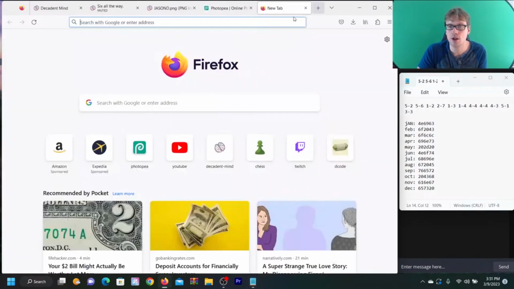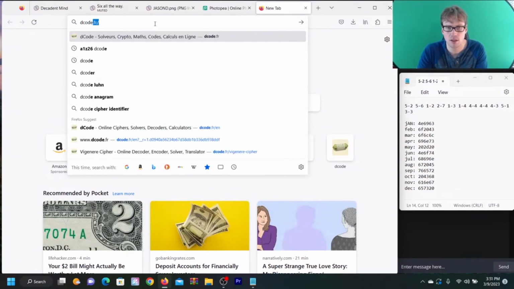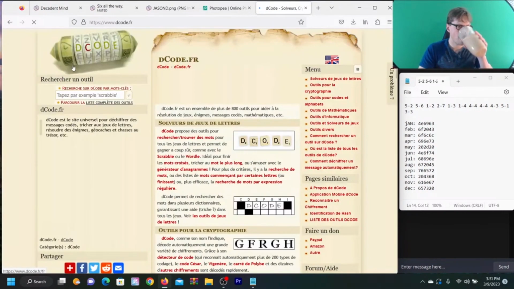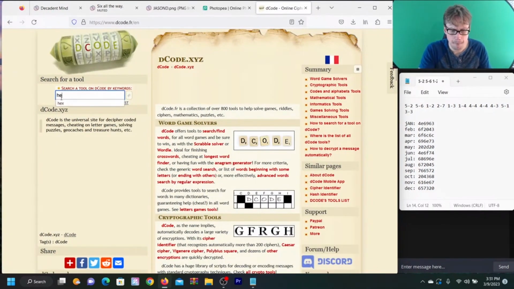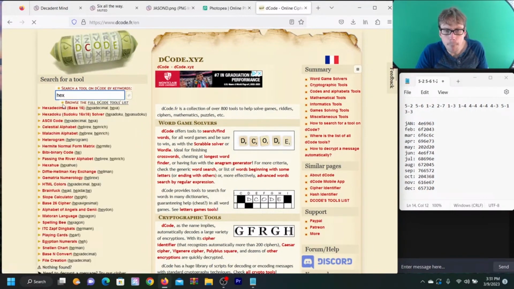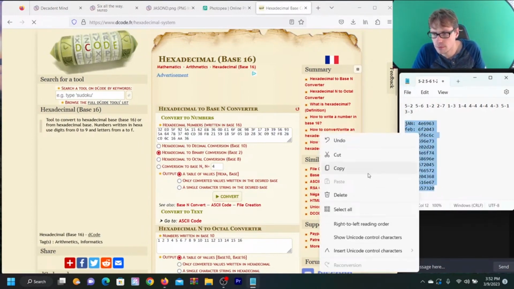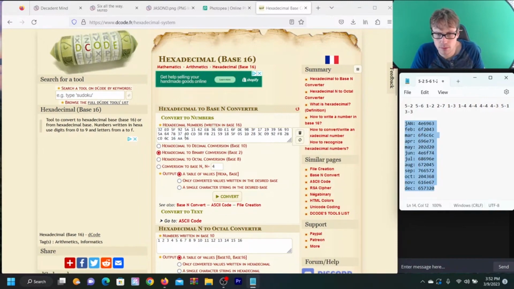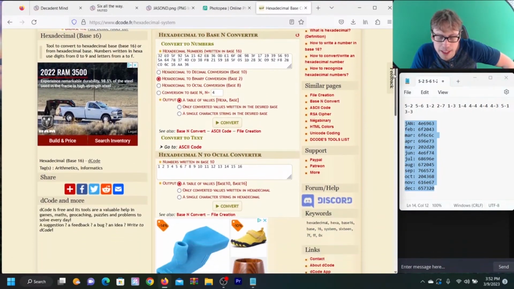Okay. Hex decoder time. Let's go to decode. Can you decode into words, please?